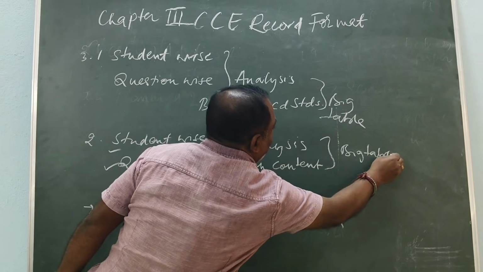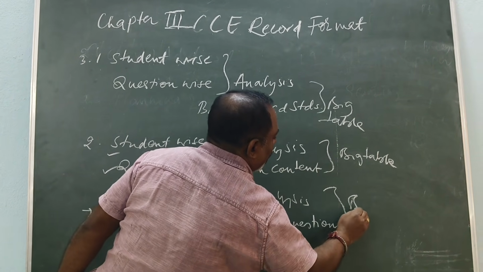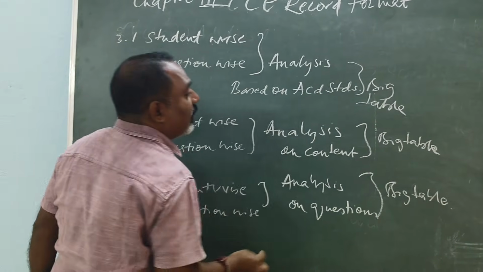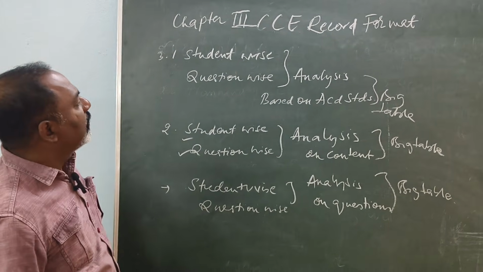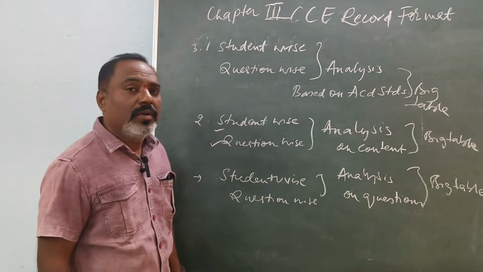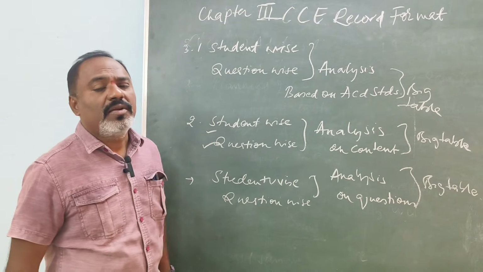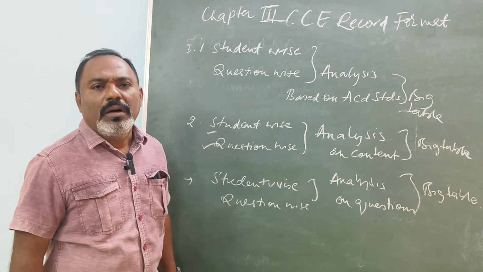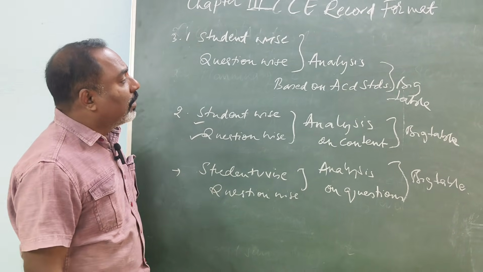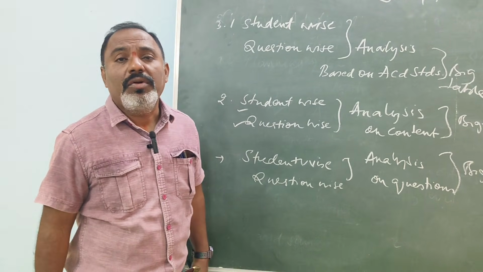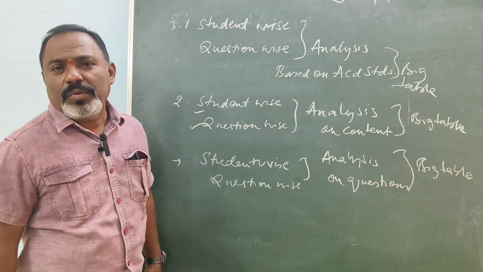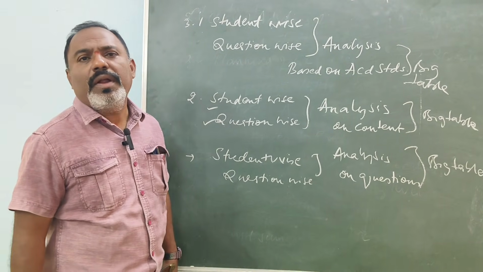So please keep in mind, while doing analysis, prepare a big table, student-wise analysis as well as question-wise analysis based upon academic standards. Academic standards will vary depending on the teaching learning process you carried out in the classroom, or based upon the content or the topic you have taken up.